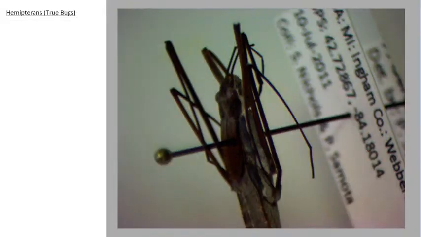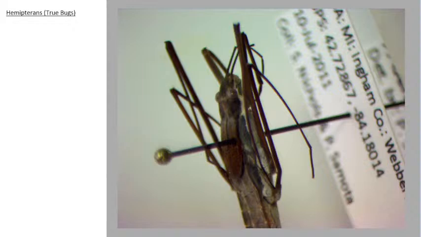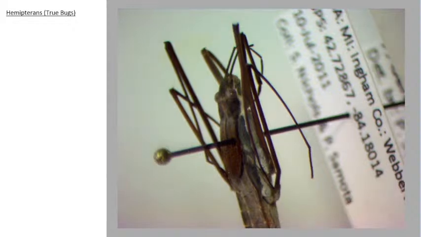All right, so I wanted to just get started by talking about what a hemipteran is. You'll notice that you can see me. I have my screen. I also have a microscope camera that we'll be looking at, and we'll be looking at characteristics of different insects.